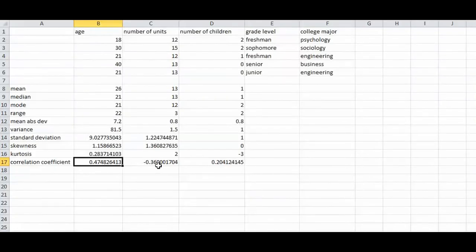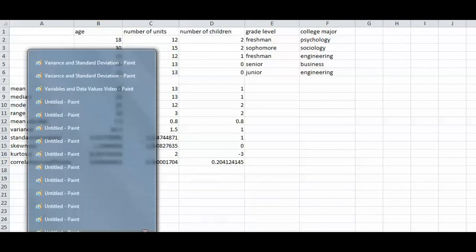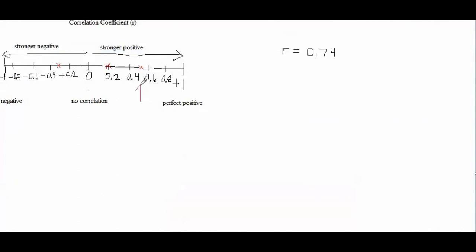Let me check that again. So the correlation between age and units was a stronger positive correlation than the correlation between units and children, because this correlation came out closer to 1, and this one came out closer to 0. The one that comes out closer to positive 1 is stronger.